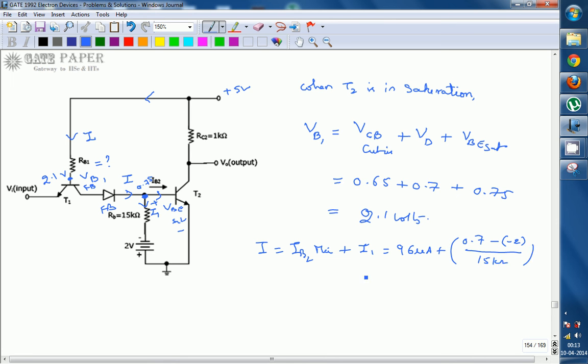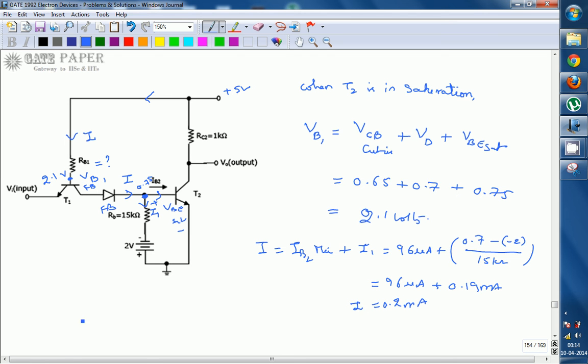So this will be around 96 microamperes plus 2.7 divided by 15, which is around 0.19 milliamperes, and if you add these, it will be around 0.2 milliamperes. So the current flowing through the resistor is 0.2 milliamperes.